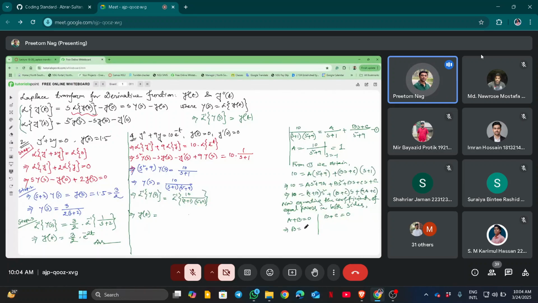So B equals minus A, which is minus 1, and C equals minus B, which is plus 1. Therefore, 10 by s plus 1 into s squared plus 9 can now be written as 1 by s plus 1, and Bs plus C stands for minus s plus 1 over s squared plus 9.